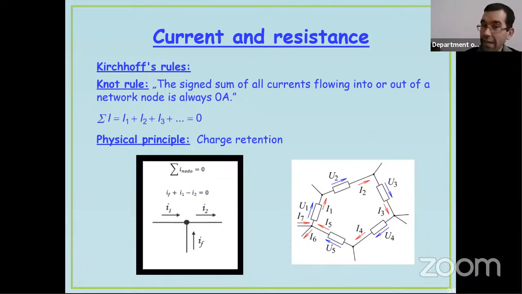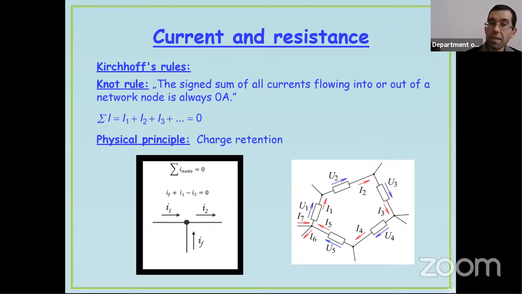So charge retention is the physical principle behind this law. Namely, if we have a junction into which currents flow in and which is left by currents, then the sum of the currents flowing into the junction and the currents leaving the junction should be 0.